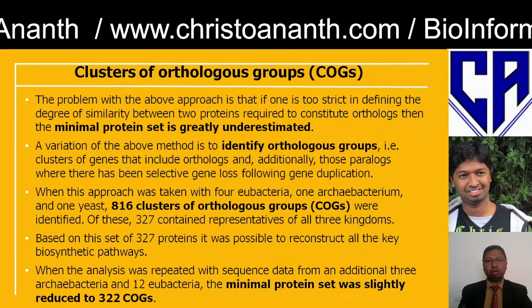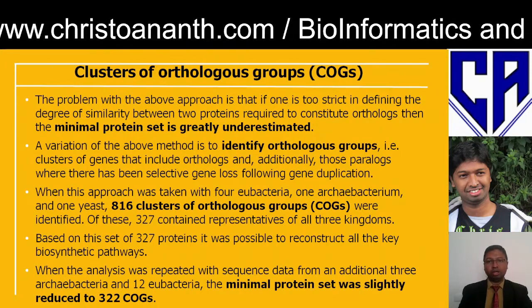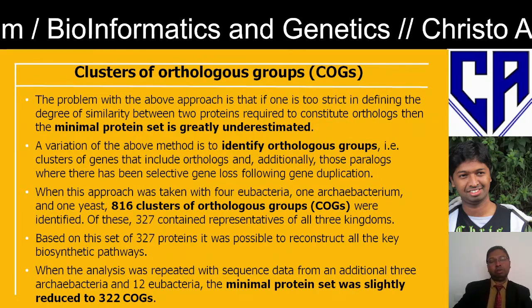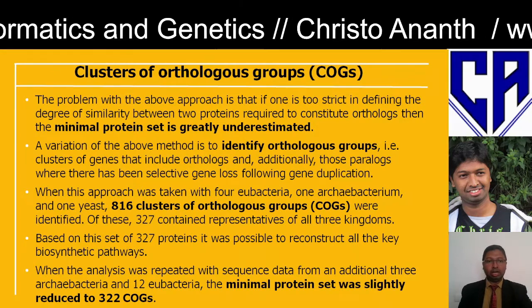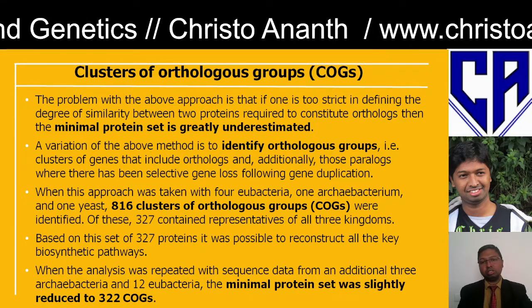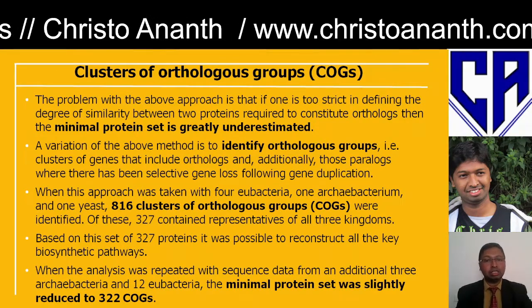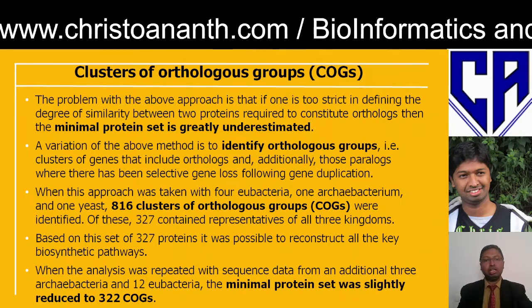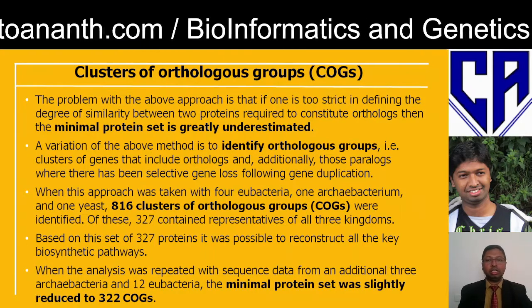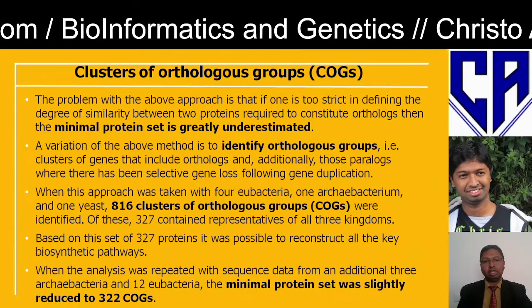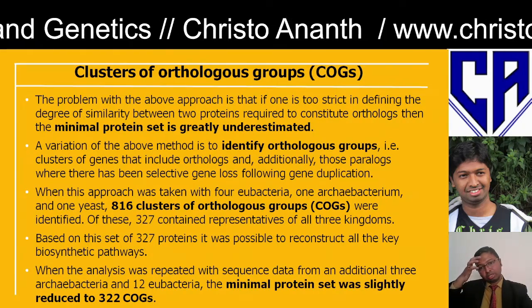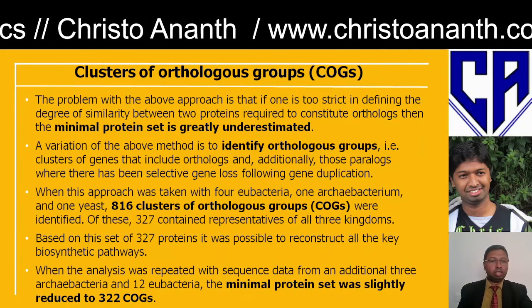With maybe 4 eubacteria, 1 archaebacterium, and at least 1 yeast, we will be forming COGs, clusters of orthologous groups. 816 clusters of orthologous groups were identified, and of these, 327 contain representatives of the three kingdoms.